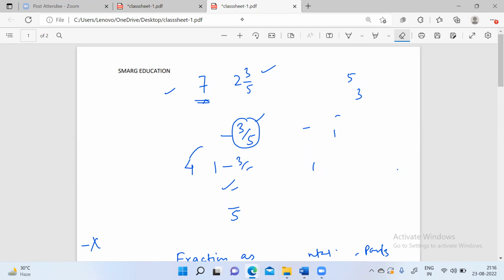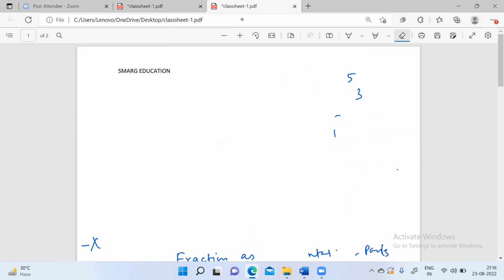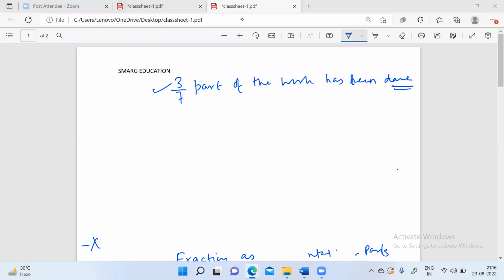And if I'm saying that three by seven of the work has been finished, 3/7 part of the work has been finished, has been done, ऐसे ही लिख देते हैं। इसका क्या मतलब समझते हो बताओ? Give me in words. What did you understand?